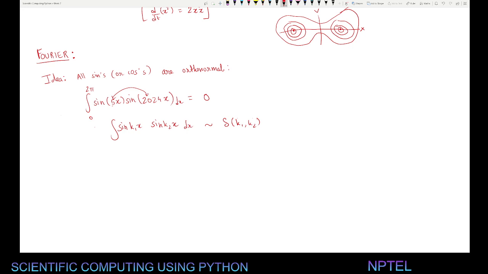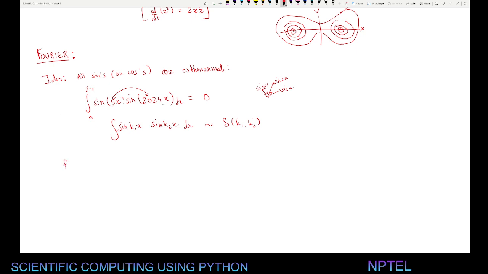If they are different, then you get 0. Okay, so which means in some abstract space, again we had discussed this, right? This sine x, sine 2x, all of these are some perpendicular functions, right? Sine 3x, etc. Which means any function.